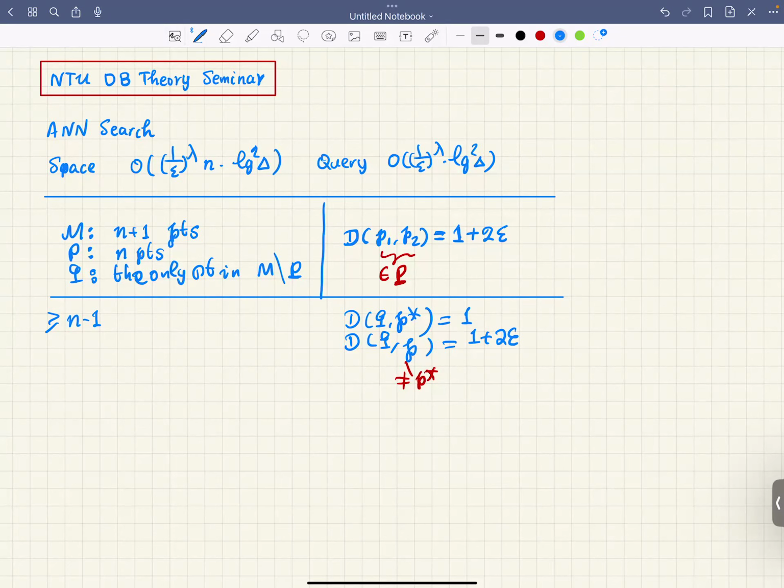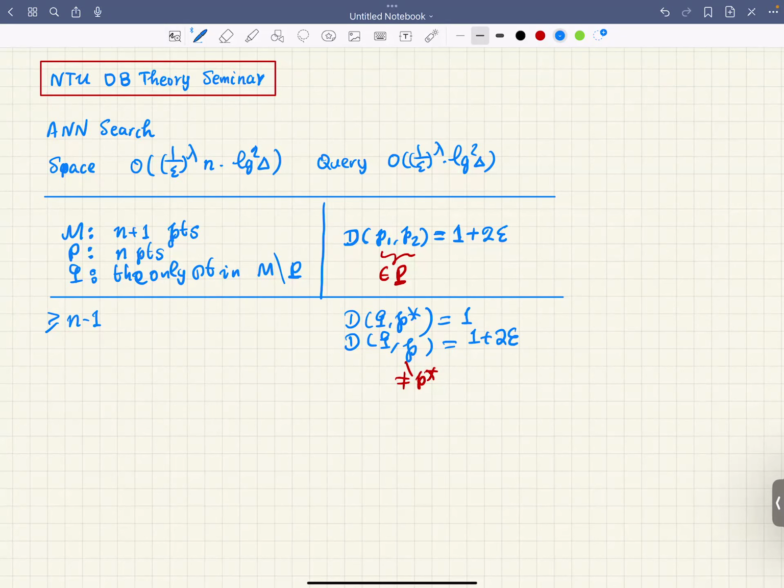Now, where is the catch? The catch is you have no idea which one is my P star. I promise you that eventually, when I reveal which one is P star, it's going to look something like this. But I don't promise you which one is P star. So you have no idea what the final distance function is.